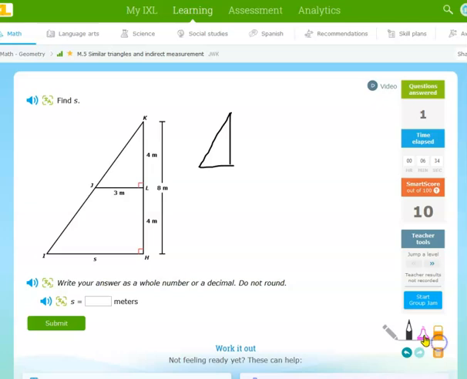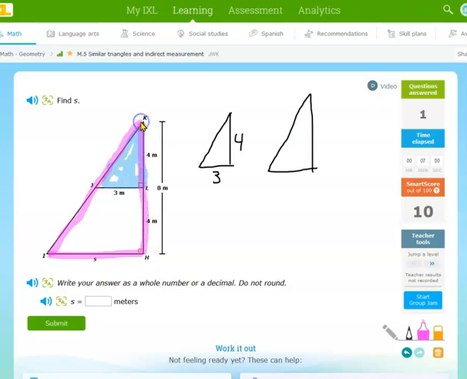Okay, so my first triangle is this triangle right here, this guy right here. The base of that triangle is 3 and the height is 4. And then my other triangle is this triangle that basically encompasses this whole thing, the large triangle on the outside.